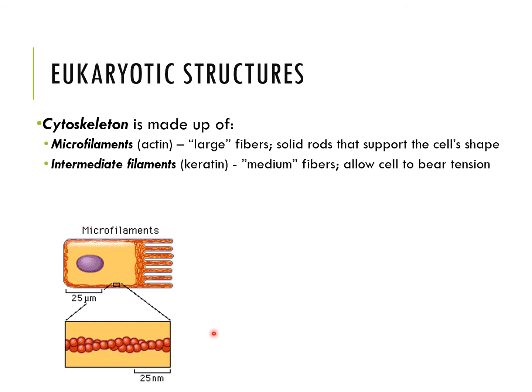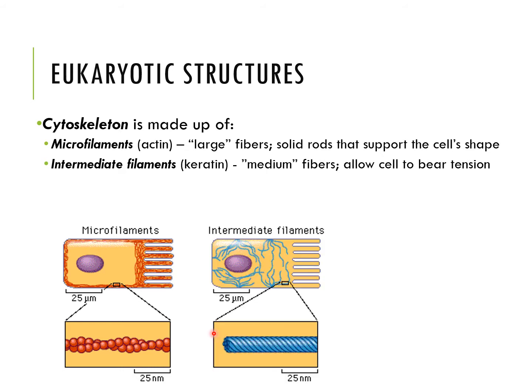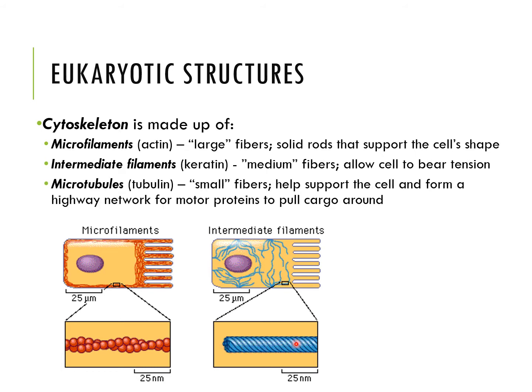Intermediate filaments, which we can also call keratin, are medium fibers, not really big, not really small, so we call them intermediate filaments. Those allow you to bear tension, so you've got that right there. And then microtubules, which we also call tubulin.